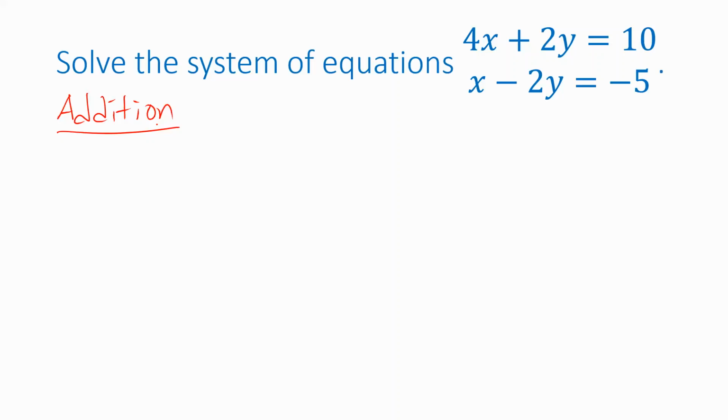So we can do that in this problem. Actually, we can do a simple version of it in this problem. All I have to do is add the two equations together. So I take 4x plus 2y equals 10 and x minus 2y equals negative 5. Let's add the two equations together.